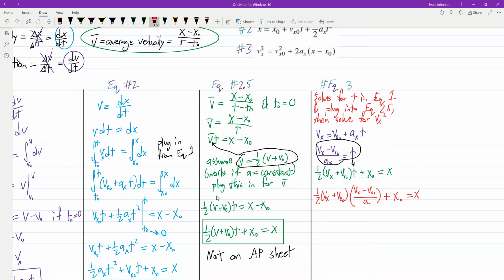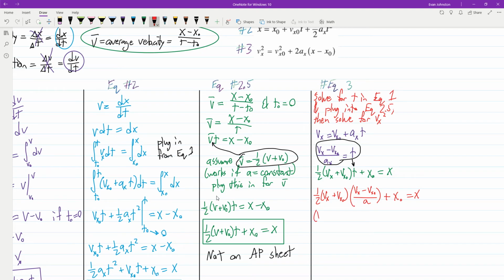This is kind of nasty looking, I know. So I'm going to take the 2 that's in my denominator and bring it in here with my a. It's going to help us clean things up. I'll do this two steps at a time. I'm going to subtract this over to this side, and combine the 2 under here with the a, and rewrite it.